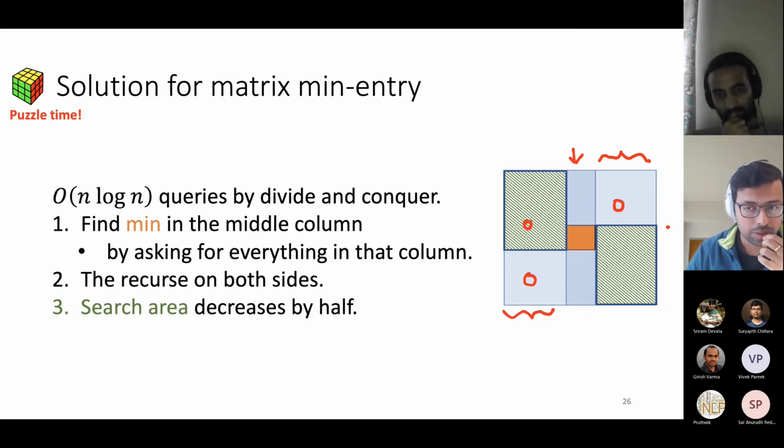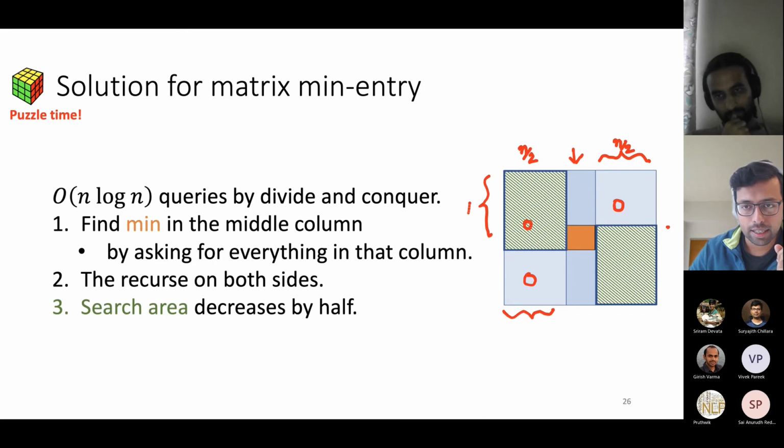By doing so, you're reducing the search area by half, right? Let's say this is n cross n. So this is about n over 2, and this is also about n over 2. They're off by a 1, and I do not really care about that.